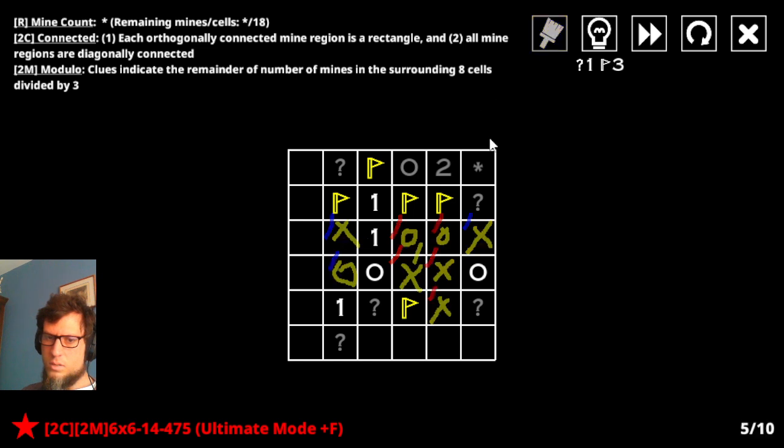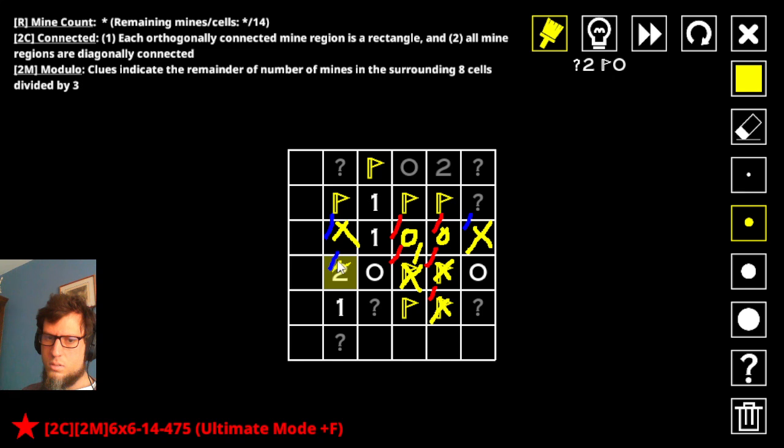And again, alright, so 1, 2, 3, 4. Okay, this 2 is only 4 squares, which means it has to have exactly 2, which means, in this case, the 2 would need 2 mines like that, because if this wasn't 1, those 2 would have to be, but they would be isolated.